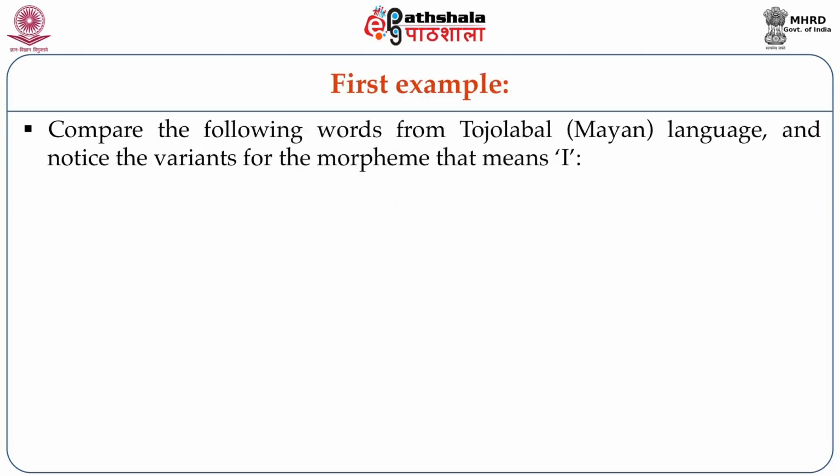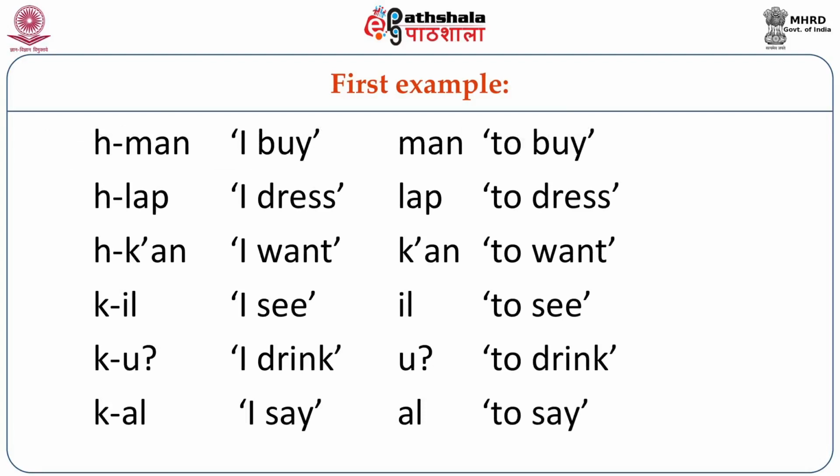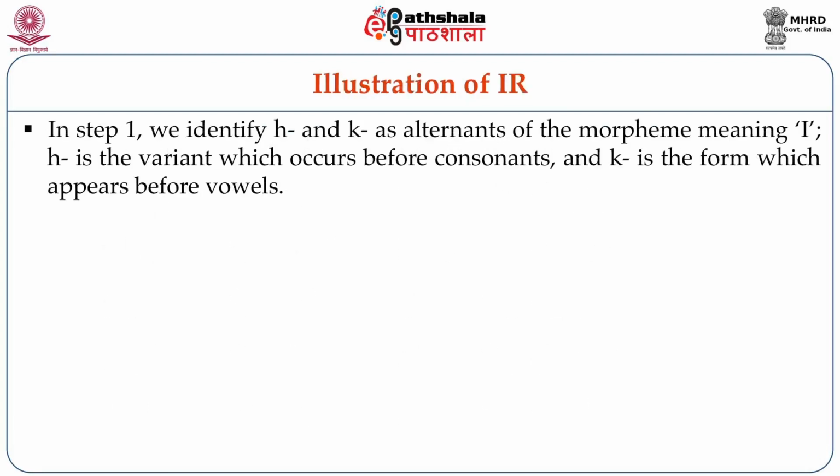First example, compare the following words from a language called Tojolabal, a Mayan language, and notice the variants for the morpheme that means I. In step 1, we identify ha and ka as alternates of the morpheme meaning I. Ha is the variant which occurs before consonants and ka is the form which appears before vowels.